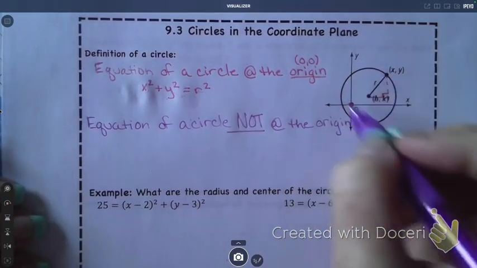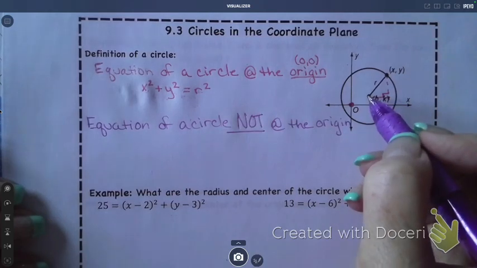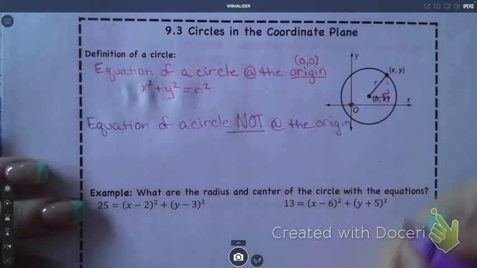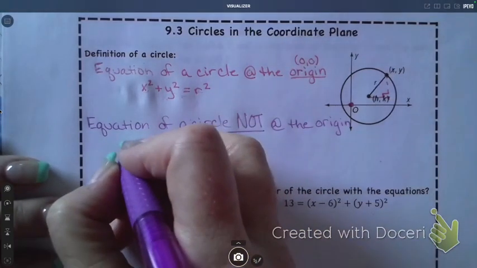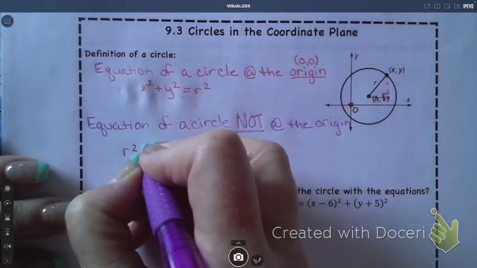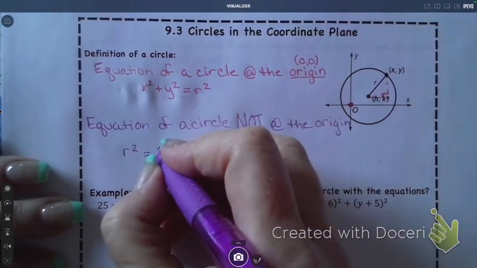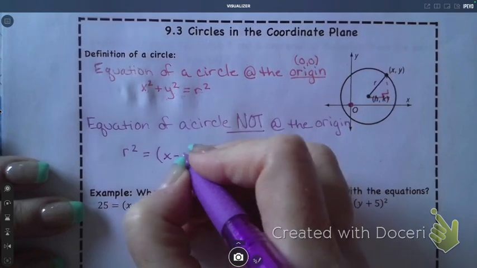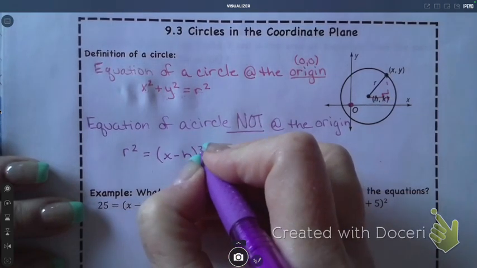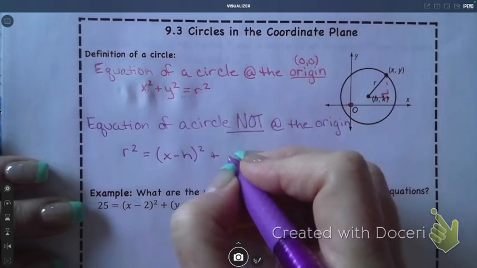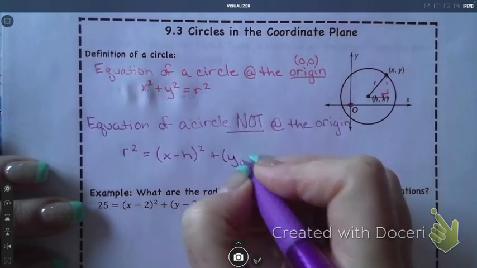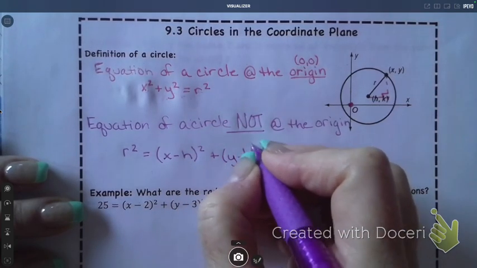So this picture is not at the origin, correct? Because the center is clear over here. So this is not at the origin. That equation is r squared, still the radius, equals x minus h squared plus y minus k squared.